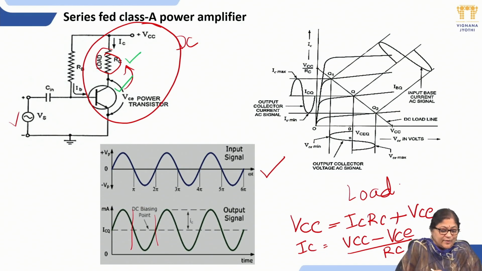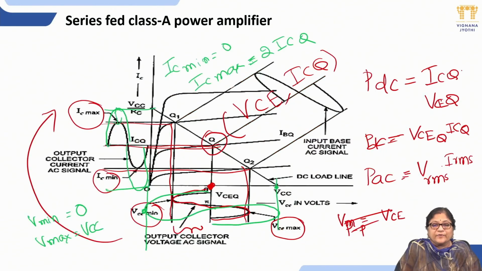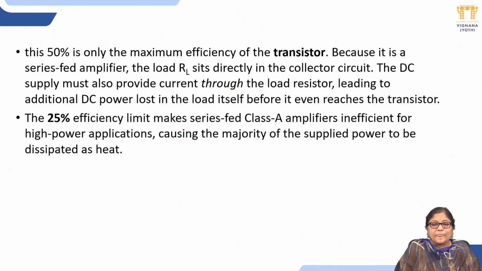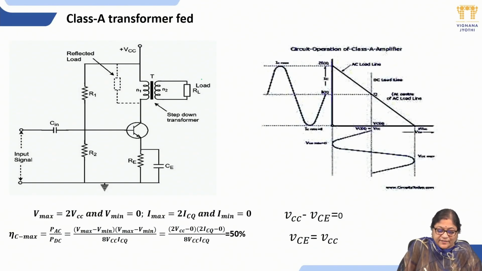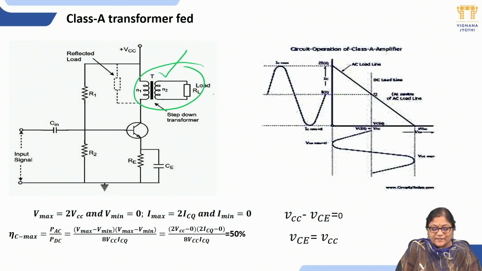If it is separated from this, we can increase the conversion efficiency. So we have modified the circuit. Instead of connecting the normal load like this, the load is connected to the transistor through a transformer, so it is isolated, and it is reflected onto the primary side.